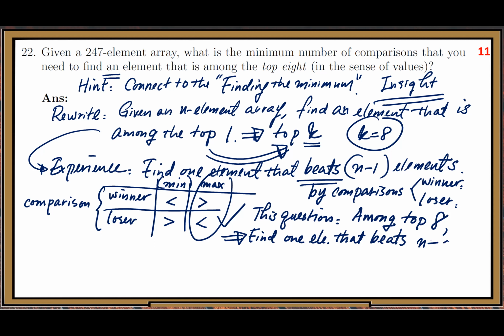Yes, not 7. We should be careful here, in counting n minus 8 elements. Find one element that beats n minus 8 elements. That's the goal. By analogy from our old experience, this is our current goal.